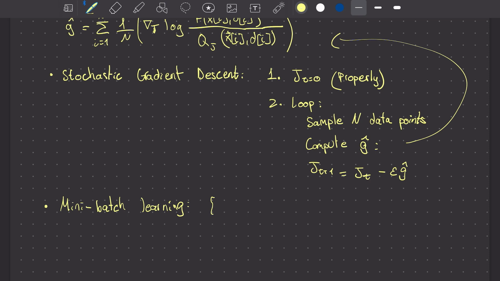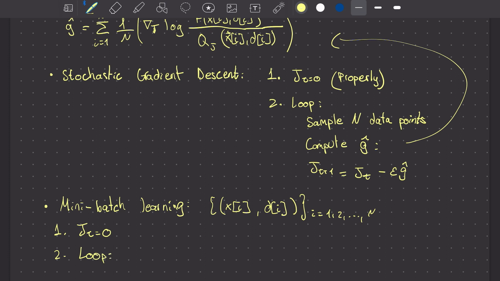Okay, so here we would have a set of data points, again just given to us, for i from 1 to n, and then again we initialize the first j, t equals 0, and then we're just gonna do another loop.